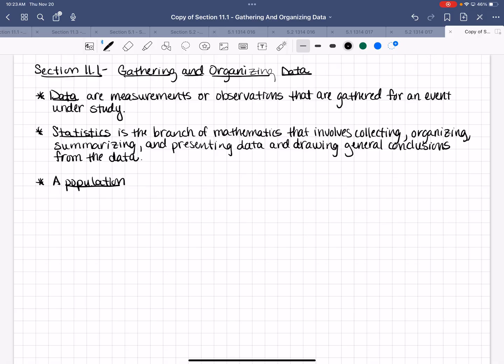Okay? And a population consists of all subjects under study. Guys, that means everybody in the study. Like a population would be all the students in TJC, okay? The population is the entire student body.